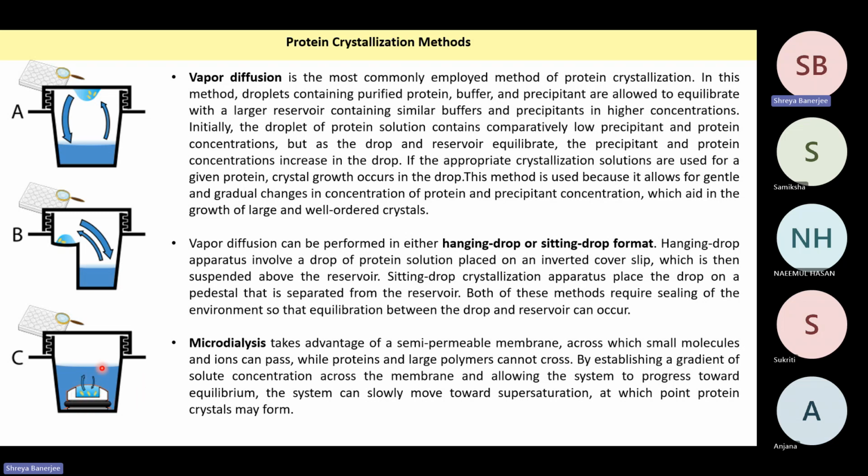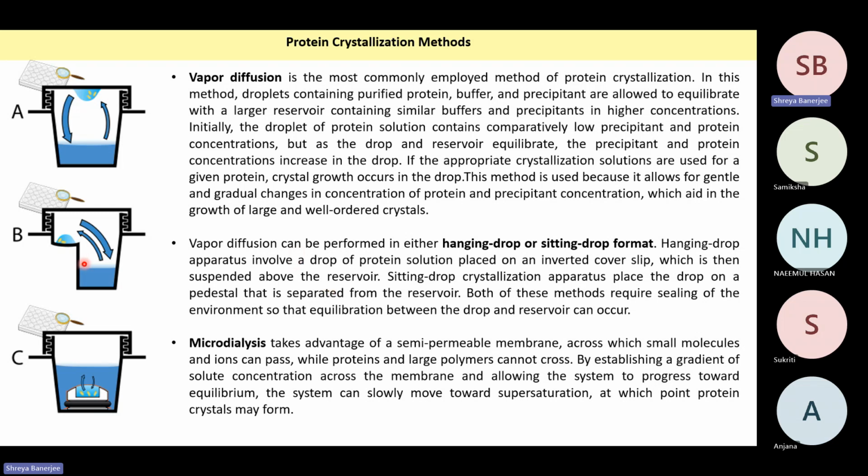Basically, crystallization I'll discuss in one of the coming slides. Crystallization happens at a very specific concentration. And if we suddenly reach that concentration very fast, the crystal ordering will be very bad, so the crystal structure will be imperfect.